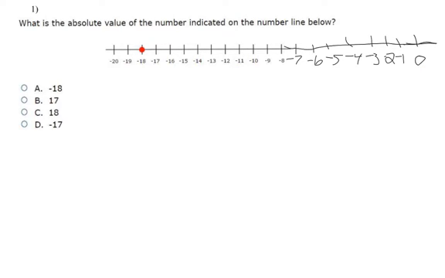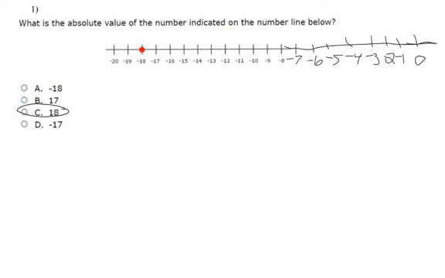That'd be 1, 2, 3, 4, 5, 6, 7, 8, 9, 10, 11, 12, 13, 14, 15, 16, 17, 18 units. So I'm talking about distance, and my answer is always positive. It's going to be +18 units, the absolute value of -18.